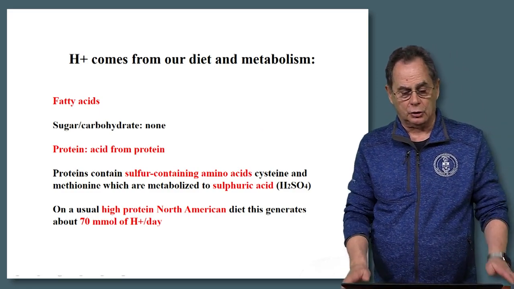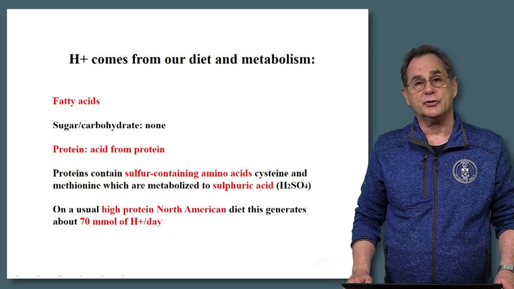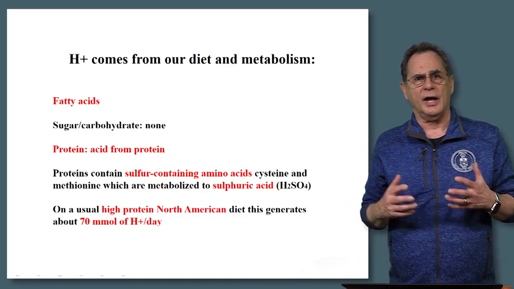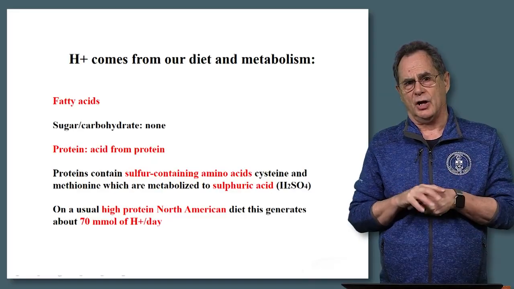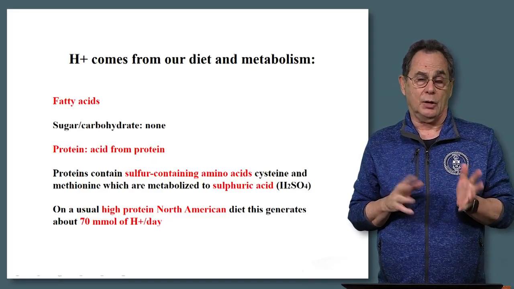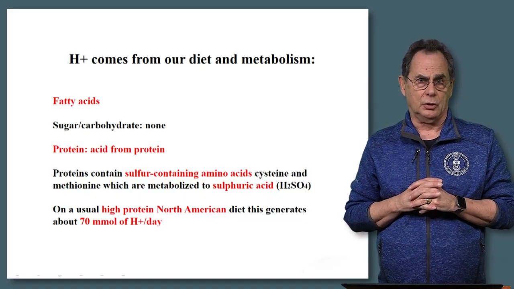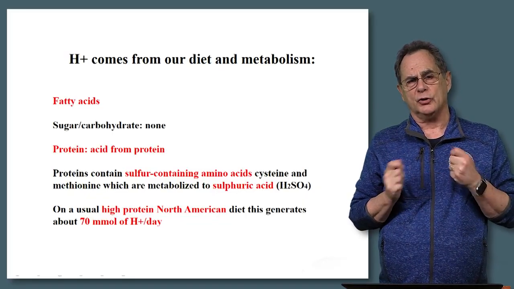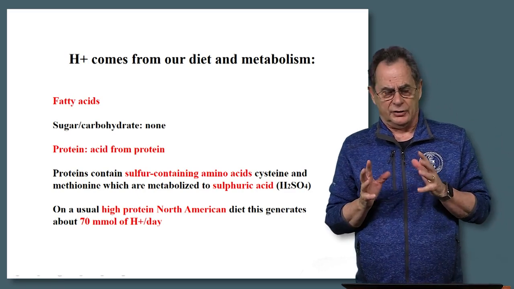It comes from sugar or carbohydrate, proteins, and proteins containing sulfur and sulfur-containing amino acids. So cysteine and methionine, for example, when they're metabolized to sulfuric acid, that generates hydrogen ion, 2 moles of hydrogen ion for each mole of sulfuric acid. And in the usual North American diet, we generate about 70 millimoles of hydrogen ion a day.